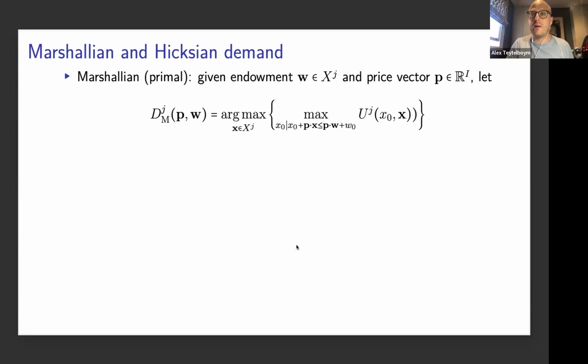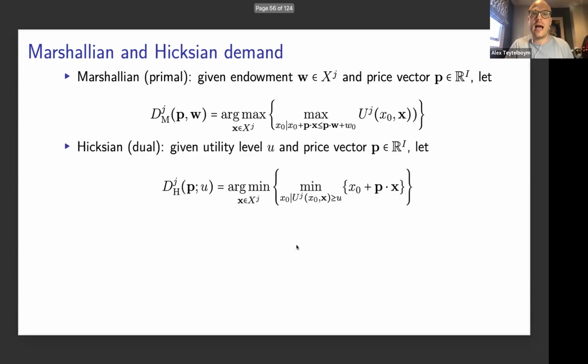So this is the primal, and what you can do is you can write down the dual of this. Rather than setting up the utility maximization problem, given the endowment, you can set up the dual, which is what economists call Hicksian demand. And this says, given a particular utility level U at competitive prices, what is the least amount of money you need to get to this?